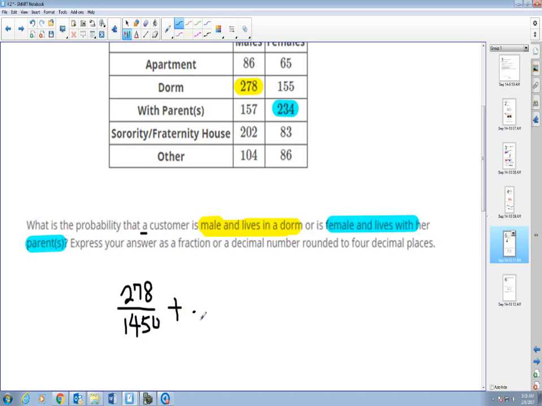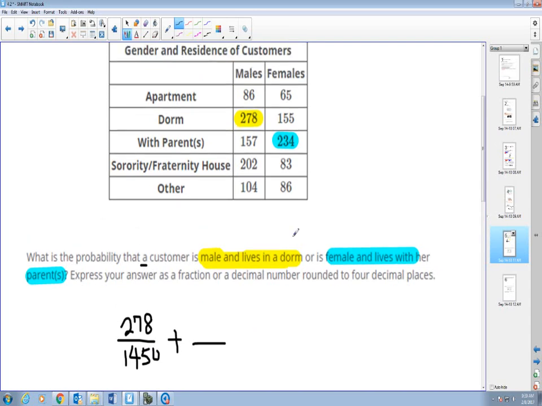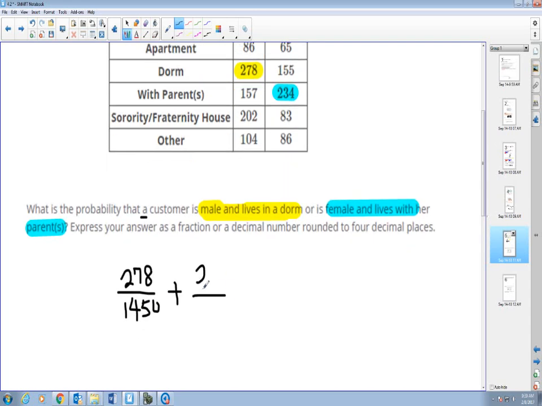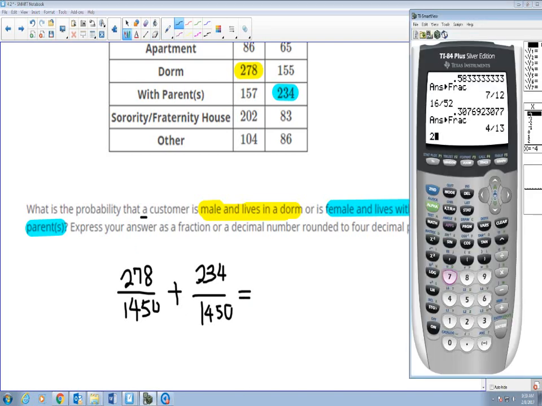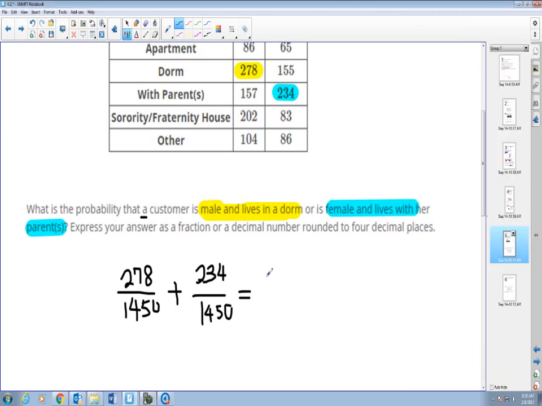Since it's mutually exclusive, we're just going to add. We don't have to do any subtracting. 234 out of 1450. If I add them up, there are 512 ways I can choose that one customer out of 1450.